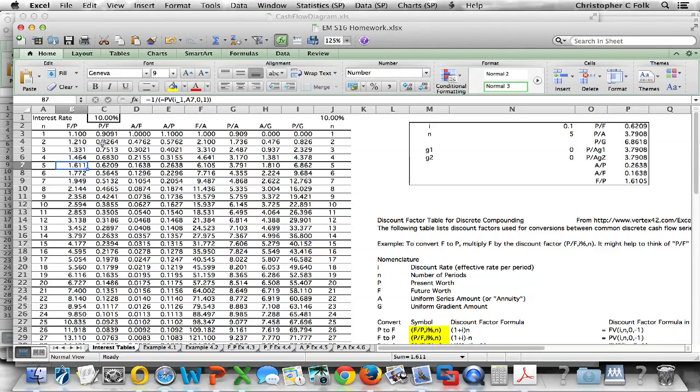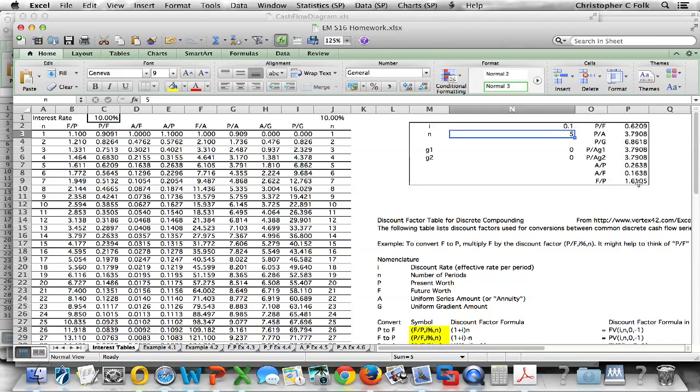There's the 5 years, there's the 10%, there's the 6.11 right there. 6.11. So I don't have to dig it out here. That's what they did over here. They did the good work for us. Find P given F. Notice they give it to me right here. So that's what this table does for me.